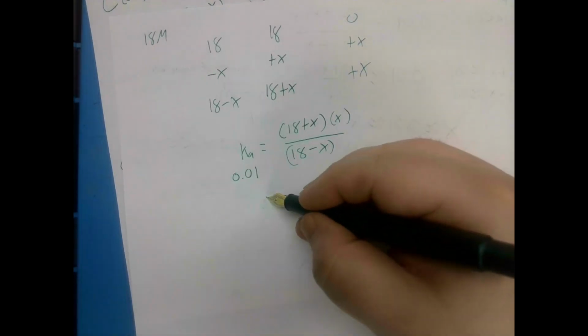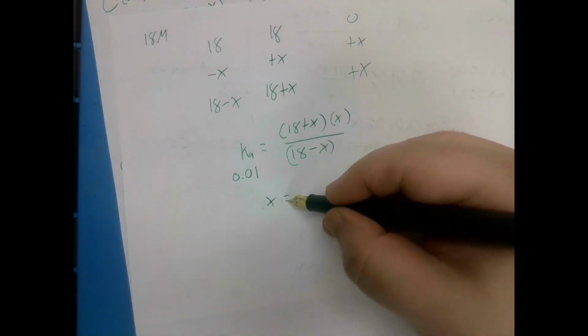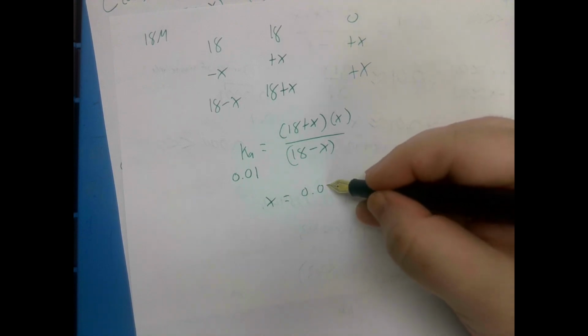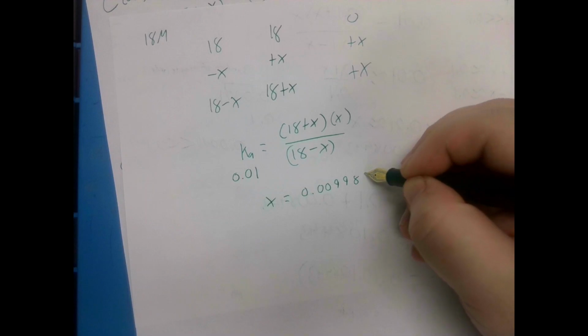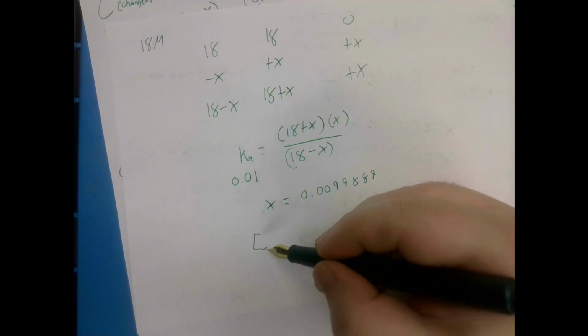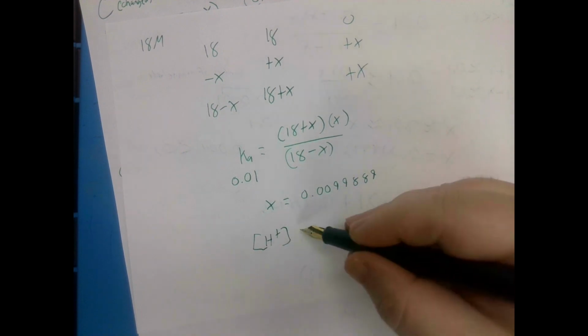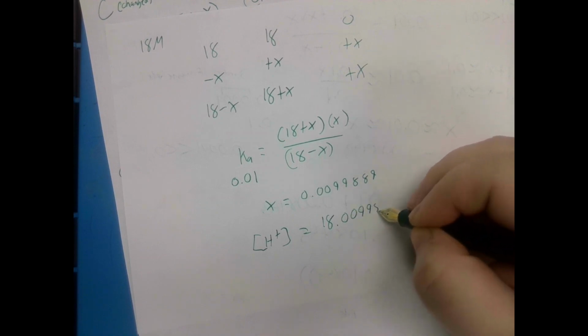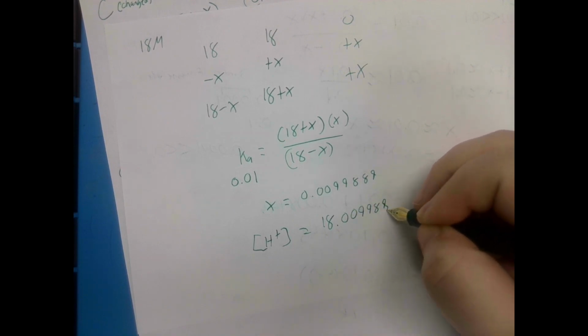That means our x is equal to 0.00998889. So our concentration of H plus would be 18.00998889.